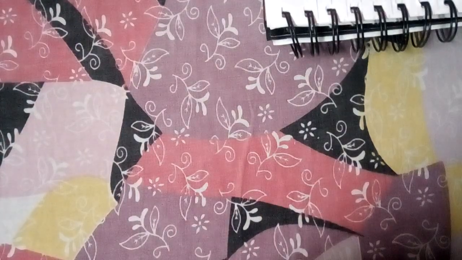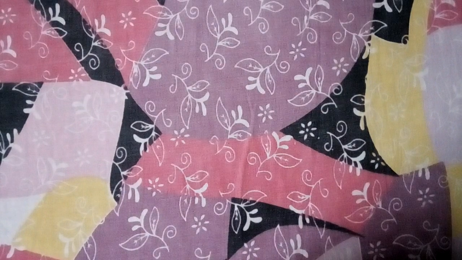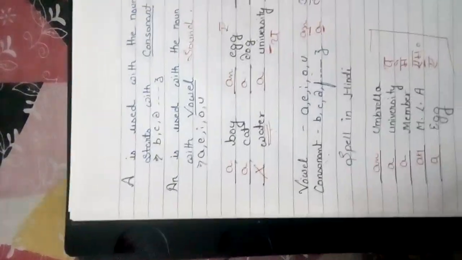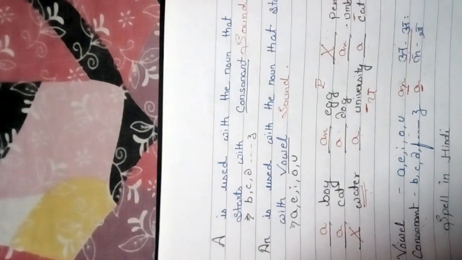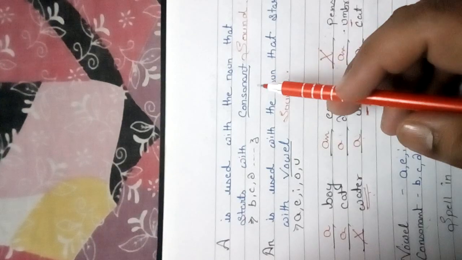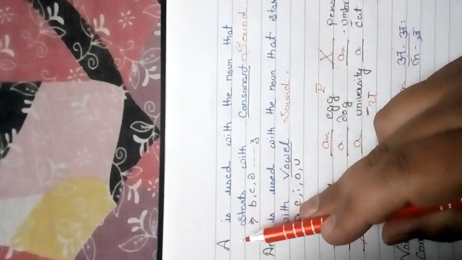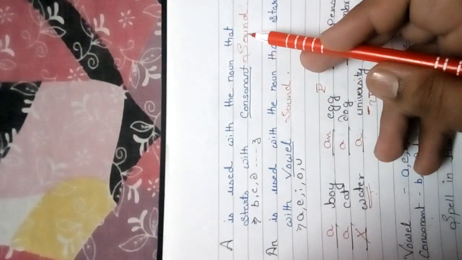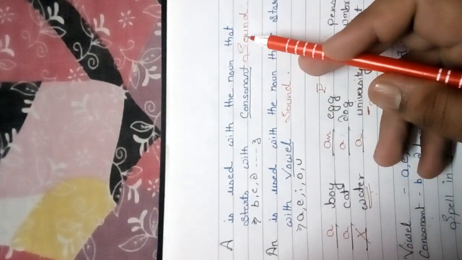Now coming towards the basic uses of a or an, which we are again familiar with, that is, where we have to use a or an. Many of you know that article a is used with a noun that starts with a consonant. But let me be very clear that a is used with a noun that starts with a consonant sound, not consonant letter.